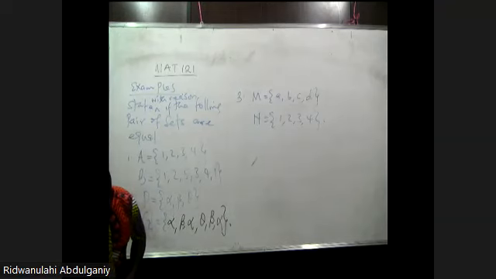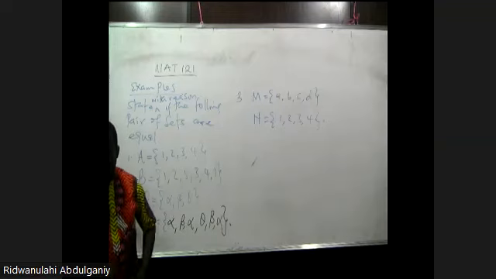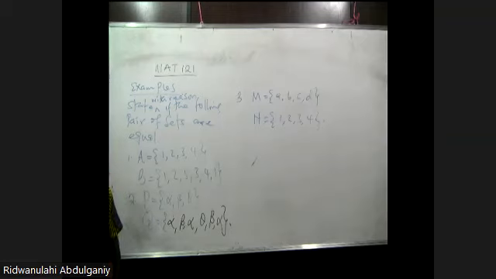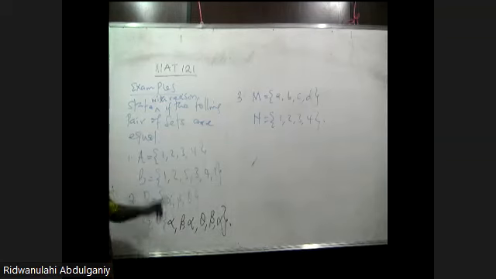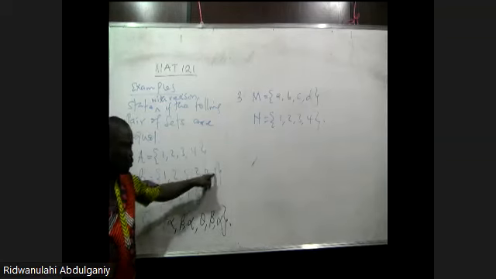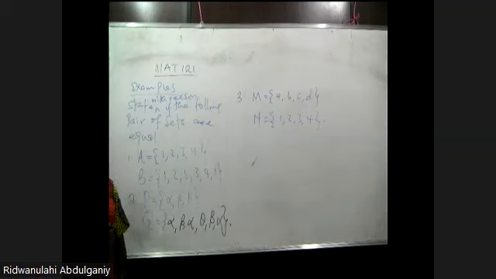Who said I cannot see it? Shegun Babalola, can you read out the set in B? In B: 1, 2, 5, 3, 4, 1. That's the set in B.